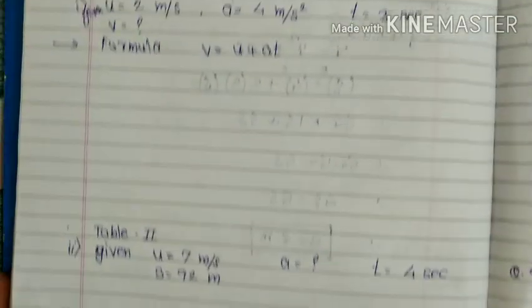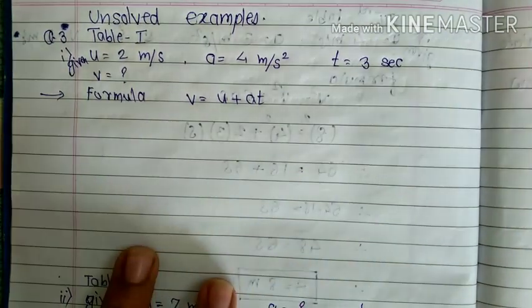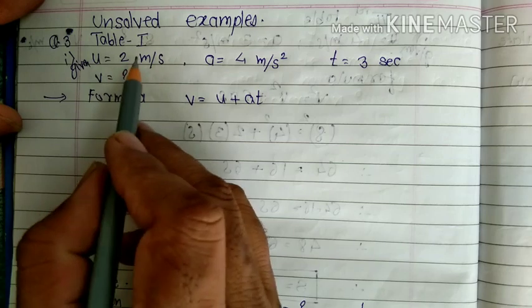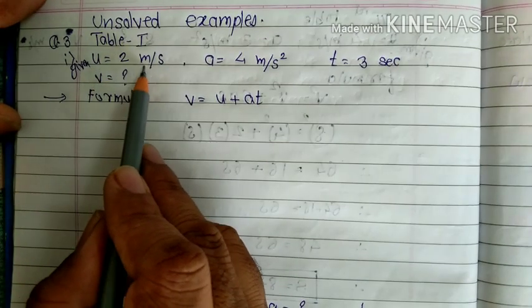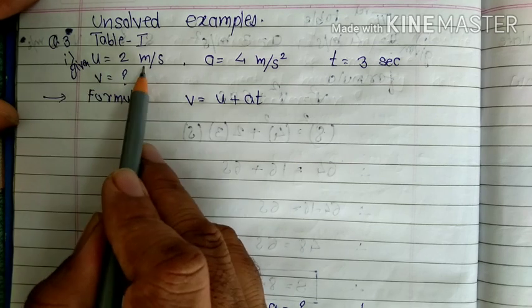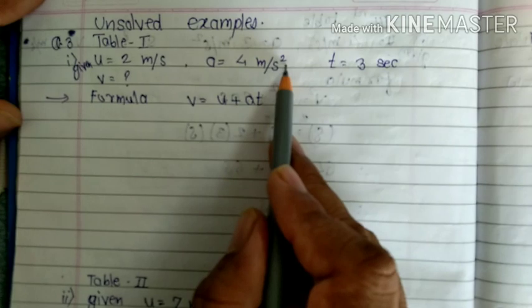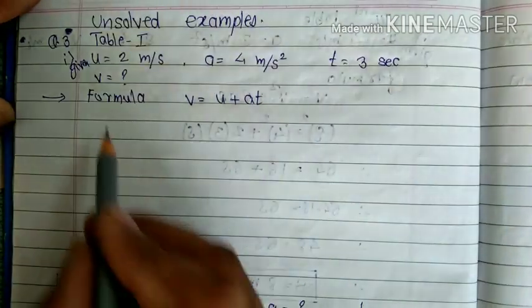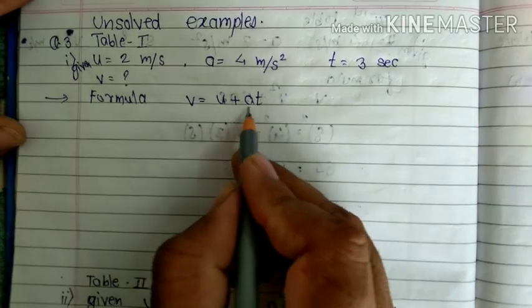Now see, I am taking the first question, first unsolved example, question number 3, table number 1. Given that u, that is initial velocity, is 2 meter per second, we know that the unit of velocity is meter per second. Acceleration is 4 meter per second square. Time is 3 seconds, and we have to find v. We have the formula v is equal to u plus at.